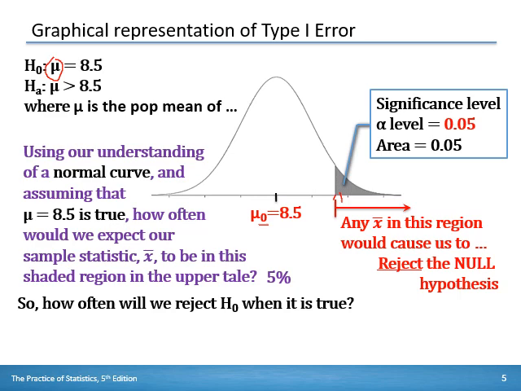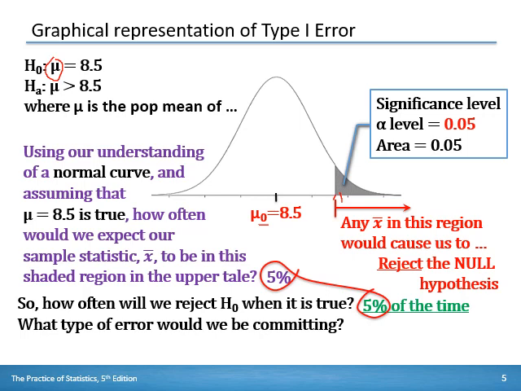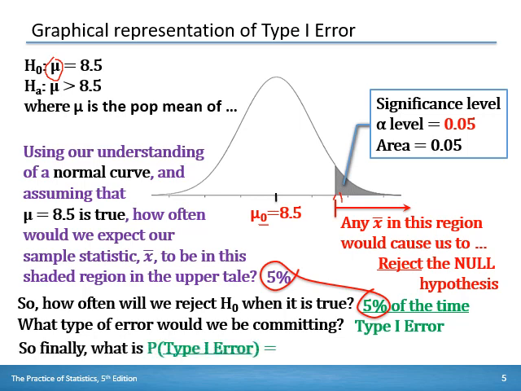Well, if we reject the null hypothesis when it's actually true, right, that means we will do that 5% of the time. And so what kind of error is that? If we are rejecting the null hypothesis when it's actually true, we may have been committing a type 1 error. All right, so what is the probability of committing a type 1 error?